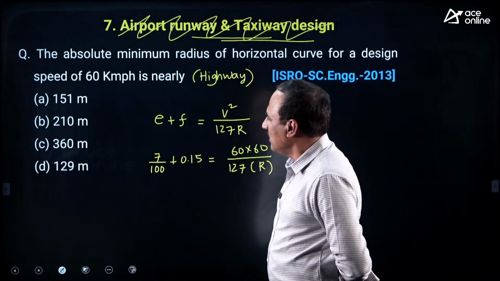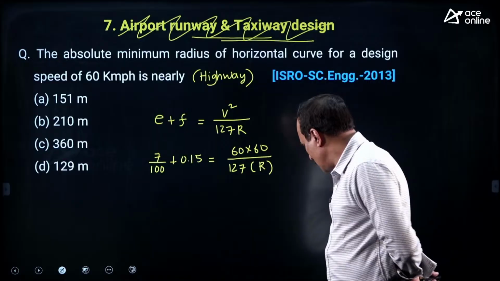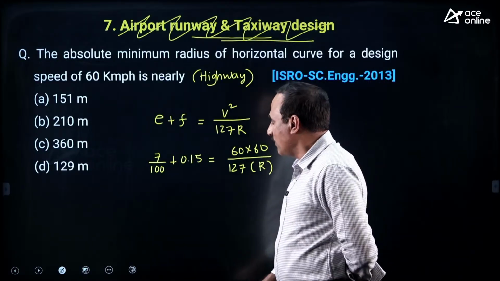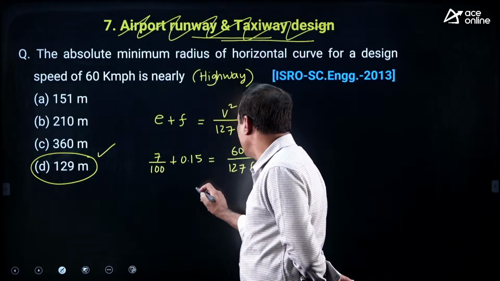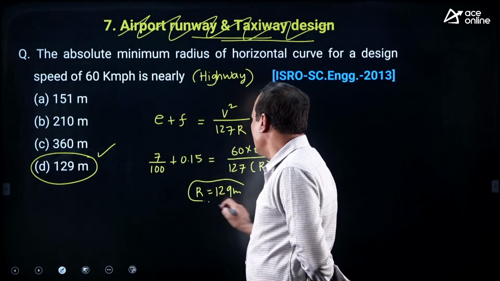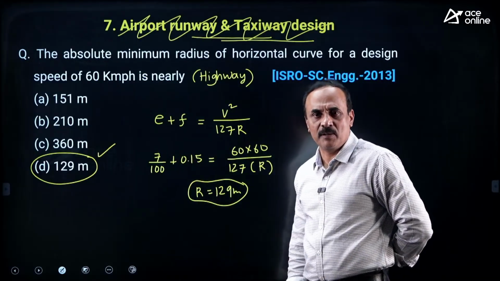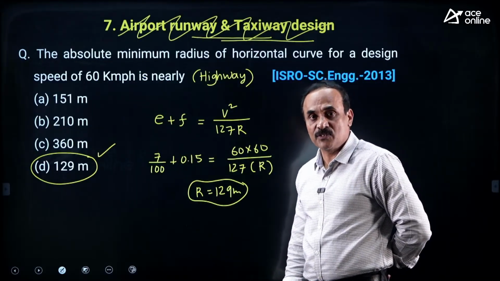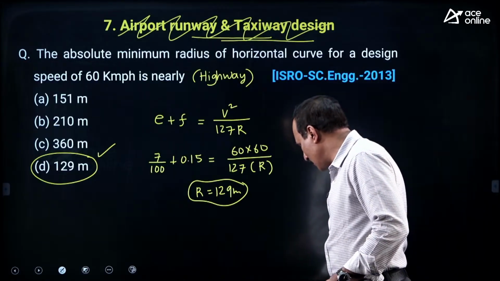Is it 120? 129? Arvind, I am choosing 129. But solving the question within time is very much required here. Be careful about solving the question effectively. I am going to the next question. Whatever answer you are giving is correct.